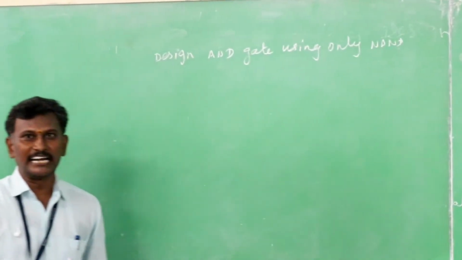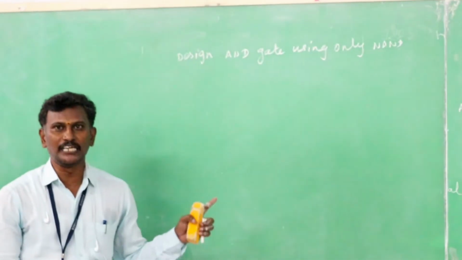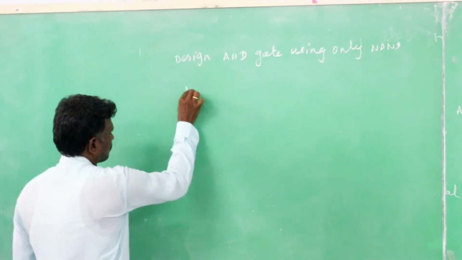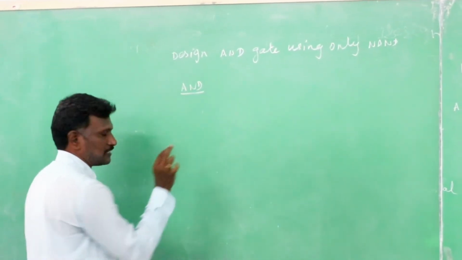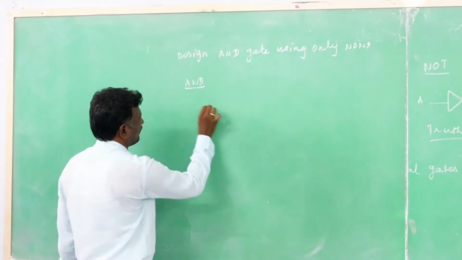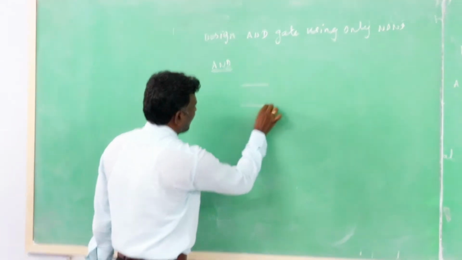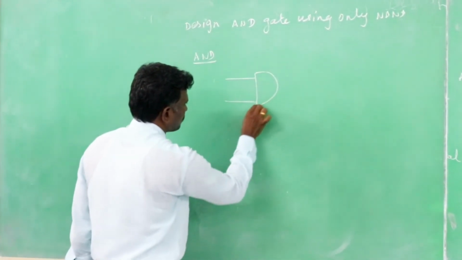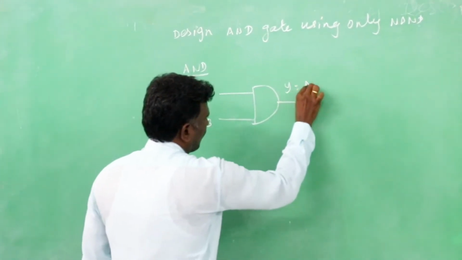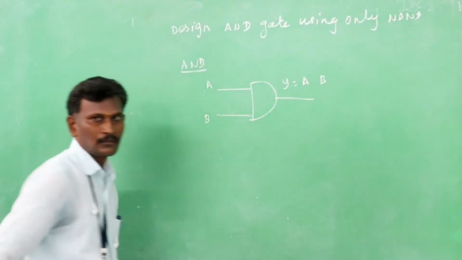We can realize any logic gate by using NAND gates. First example, the AND gate. Step number 1, draw the logic diagram, which means drawing the AND gate with inputs A, B and output Y equal to A dot B.